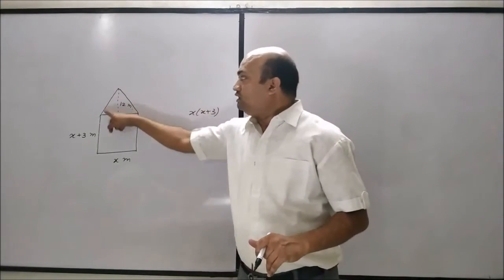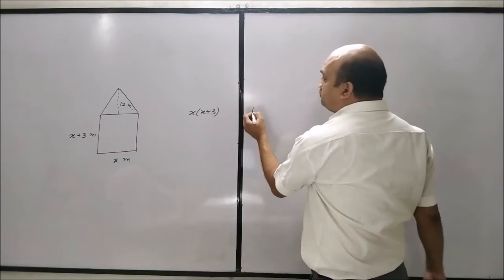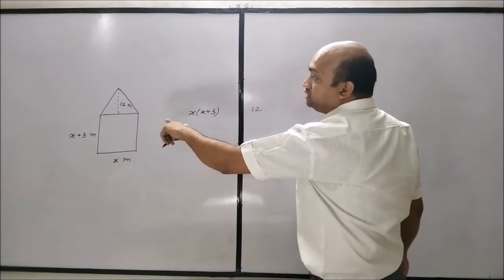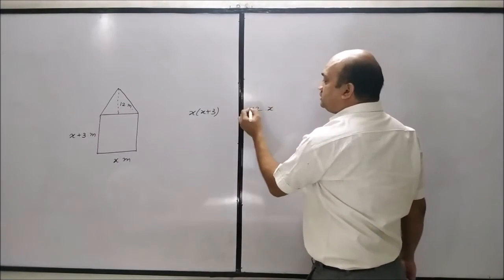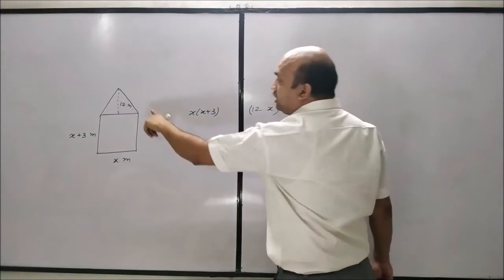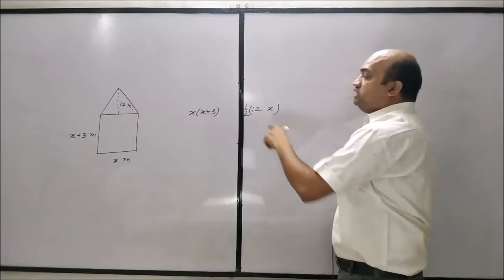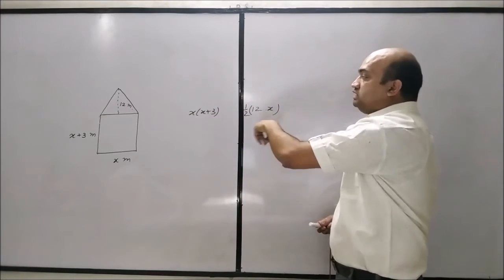And you see, the height of this triangular park is 12, and its base is the breadth of the rectangle, which is x. So what is the area of this triangular park? It is half base into height. So half base is x and height is 12.